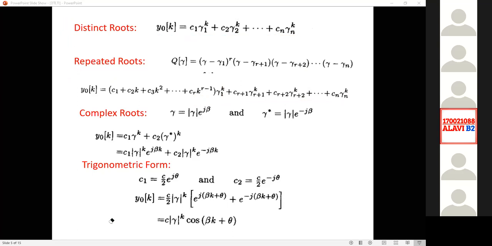Because a first order system differential equation is a first order differential equation, and it will be a first order difference equation also. That will not give you multiple roots. It will have a single root, but that root should be real, but it can be positive or negative. So a first order system will not have any natural frequency. From second order ahead, your natural frequency and other things will come into it.